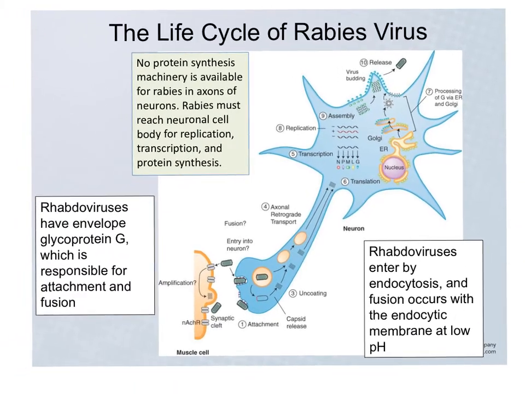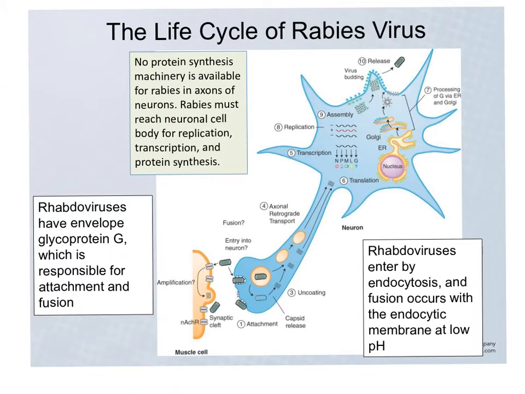This slide summarizes the life cycle of the rabies virus, and what we're showing here is a neuronal cell. As we looked at previously in our diagrams of spread of viruses through the body, we can cause a systemic infection either by moving through the blood, which is super fast, or we can spread through the nerves, or we can use a combination of both.